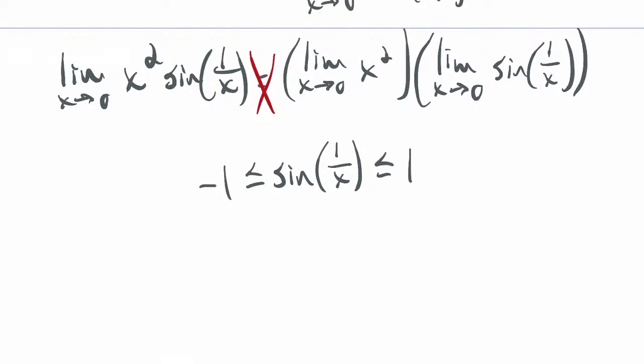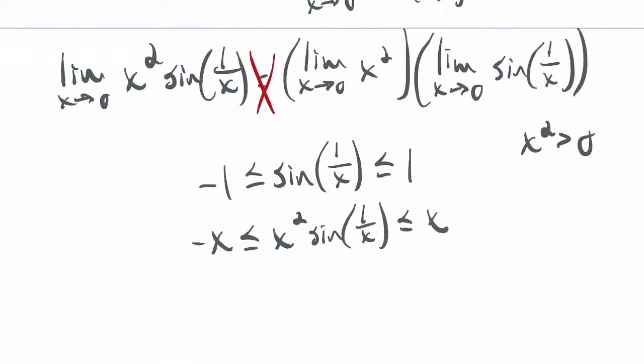So I can multiply x squared on each component. And since x squared is positive, I don't have to worry about the inequality changing direction, because I'm multiplying by a positive value. So this is negative x squared is less than or equal to x squared times sine of 1 over x, less than or equal to x squared.